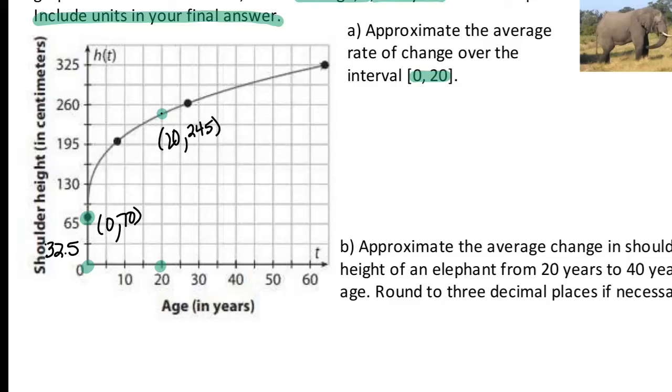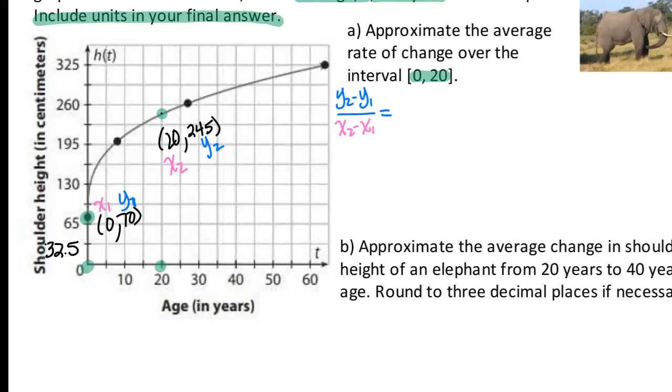All right, so again, the first value is going to be our x's. So x1 is 0, x2 is 20, y1 is 70, and y2 is 245. So for my formula, take the y's, y2 minus y1 over the x's, x2 minus x1.